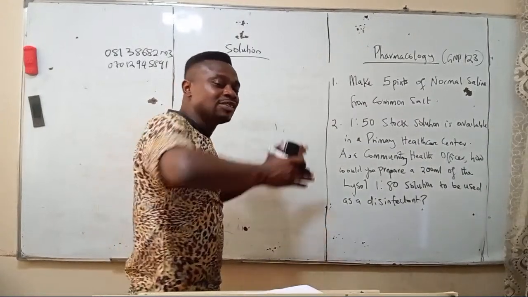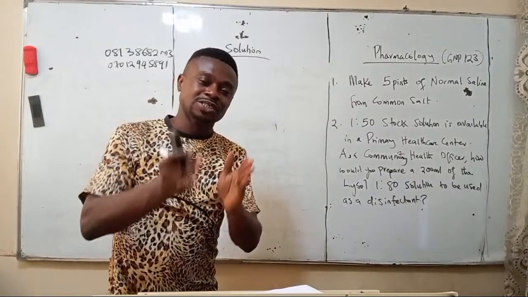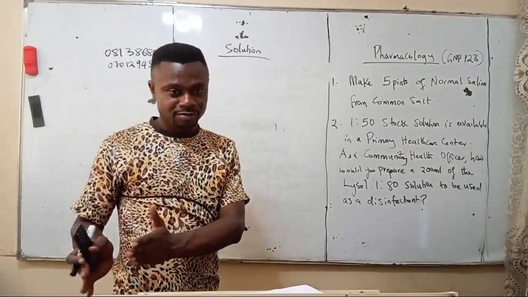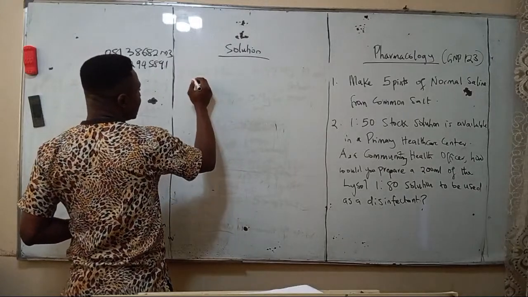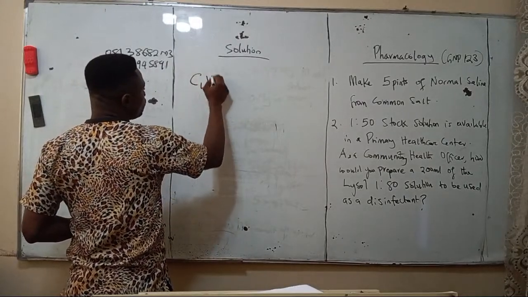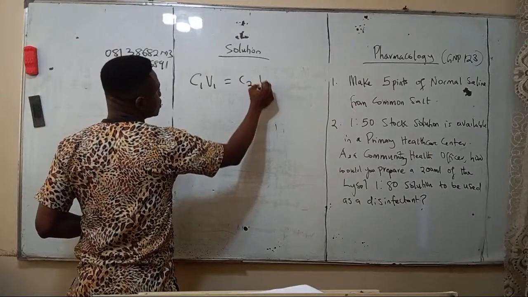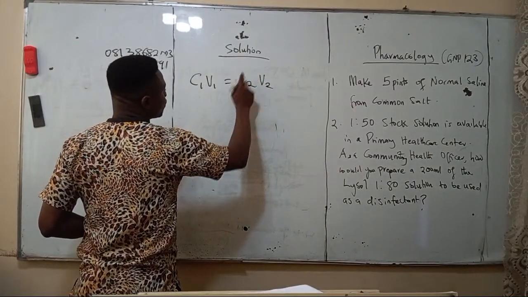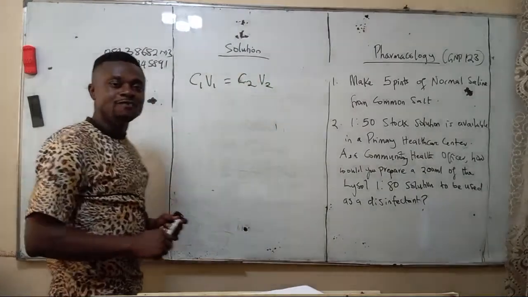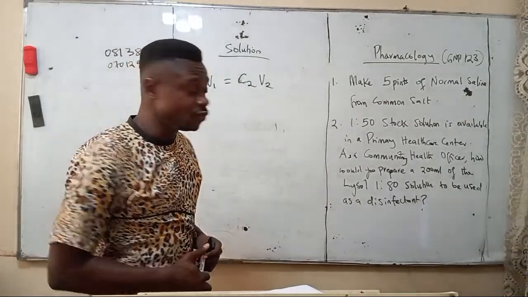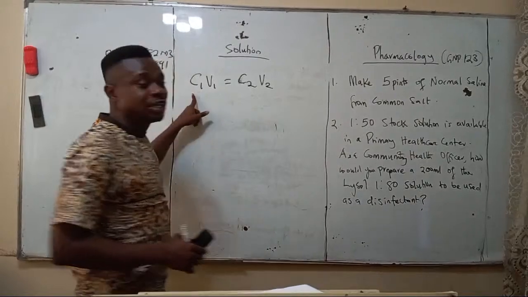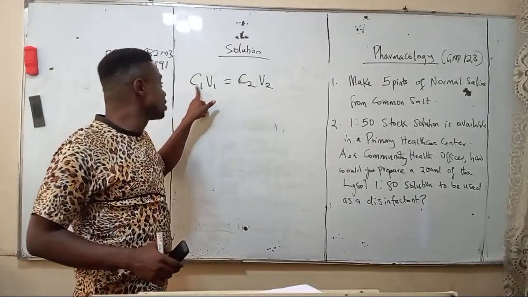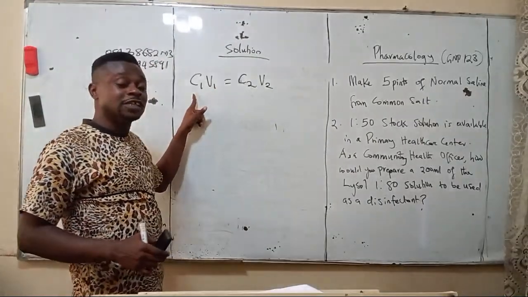Then the one you diluted it to has a particular concentration and a particular volume. So the dilution formula says C1V1 is equal to C2V2. Let's take C1 to be the concentration and V1 the volume, for the stock solution.